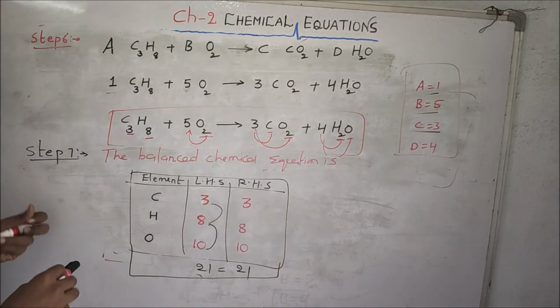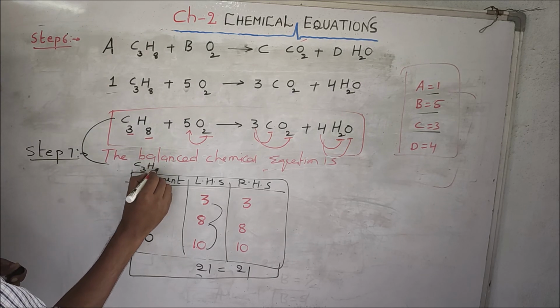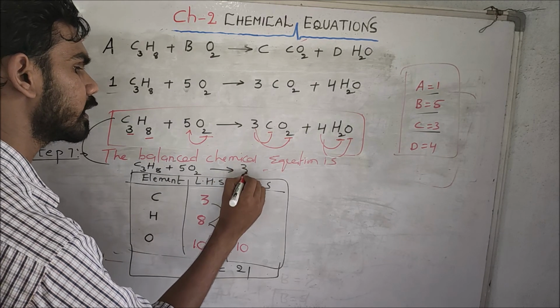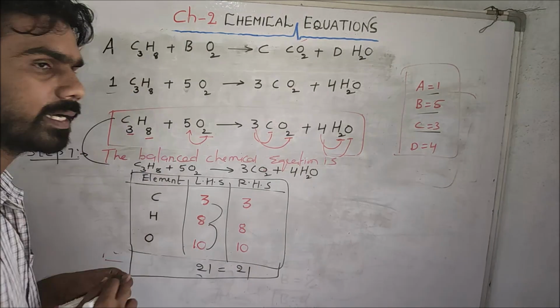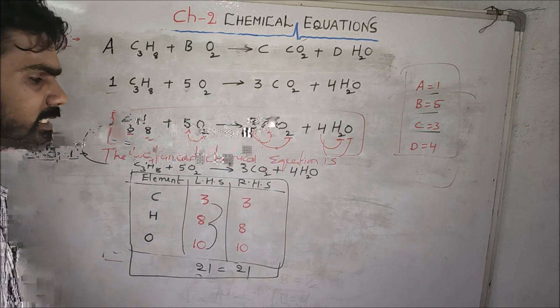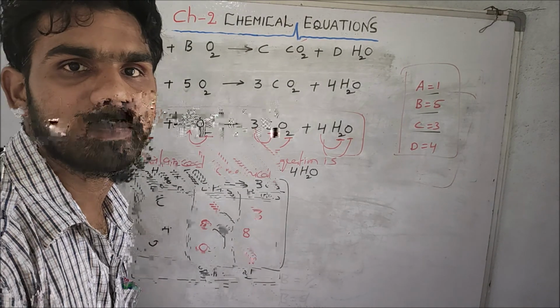After writing that, one more time you write the question: C3H8 plus 5O2 gives 3CO2 plus 4H2O. Very important. Step 7, you write the balanced chemical equation is. One more time you write the equation, then the table. Thank you very much. Hope you understood.